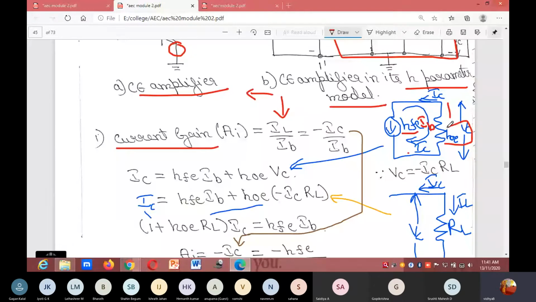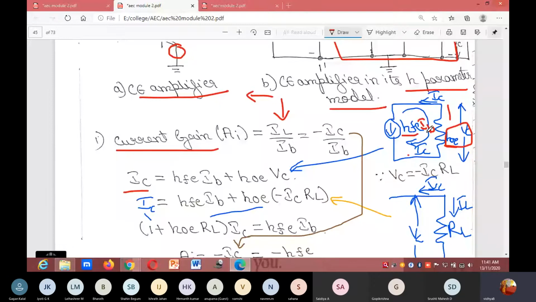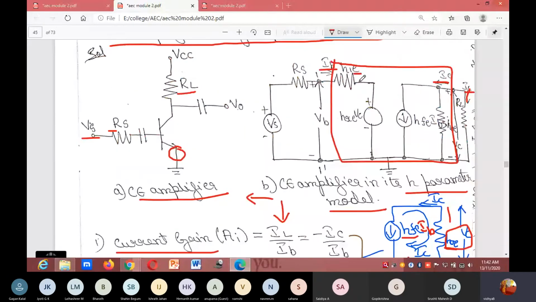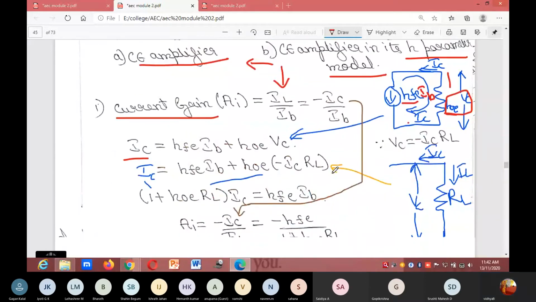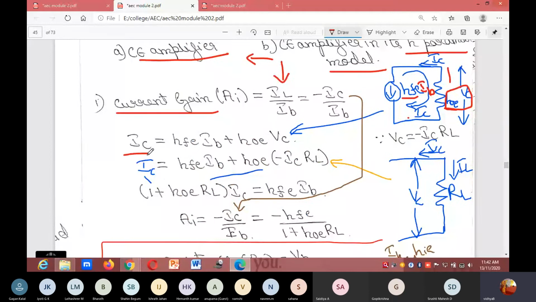This is what you get for IC. But it should not be in terms of VC; we want it in terms of current, so we need to convert.